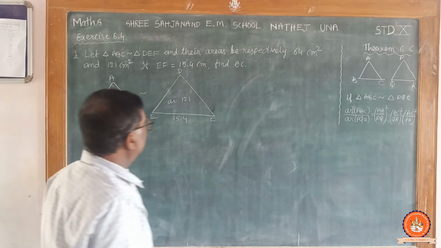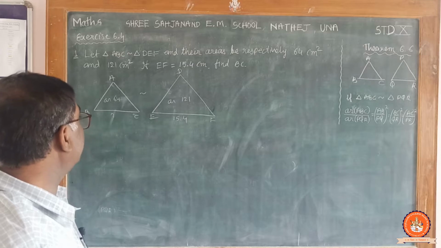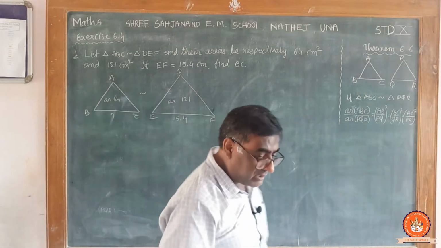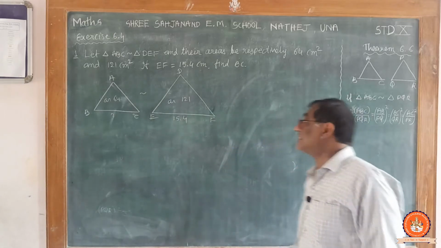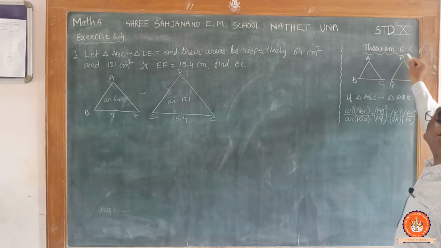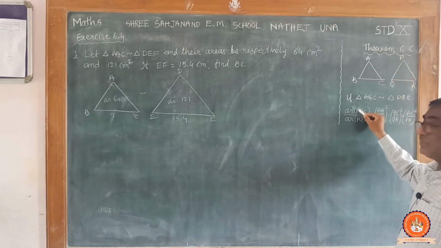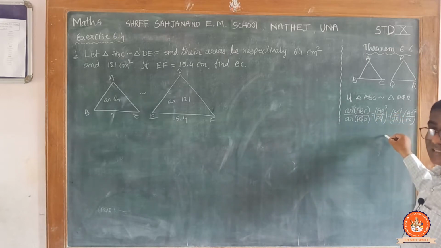Now my friends, similarity of triangles and their areas. So area of similar triangles is connected with the theorem 6.6, in which as per theorem 6.6, if two triangles are similar, then the ratio of their area is equal to square of the ratio of their corresponding sides.